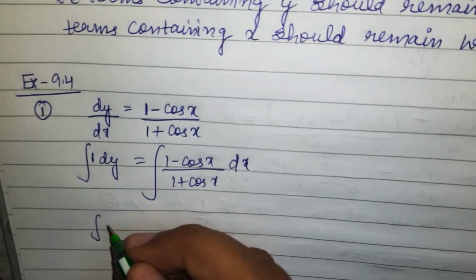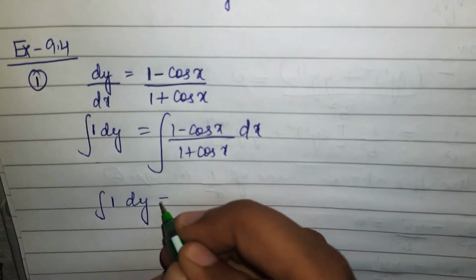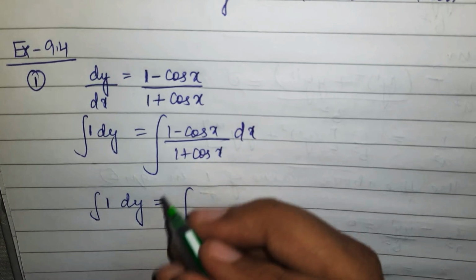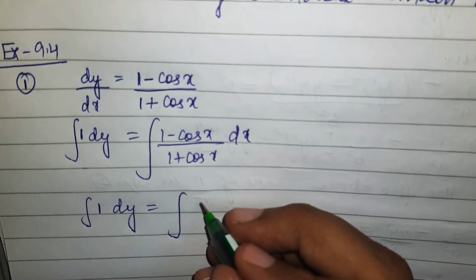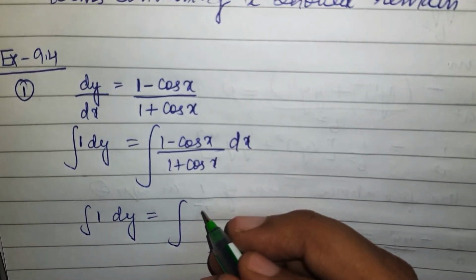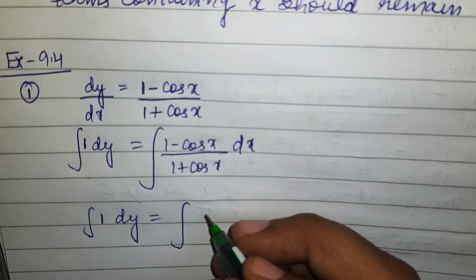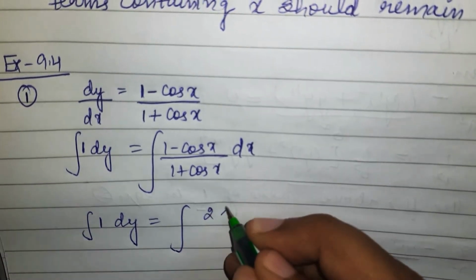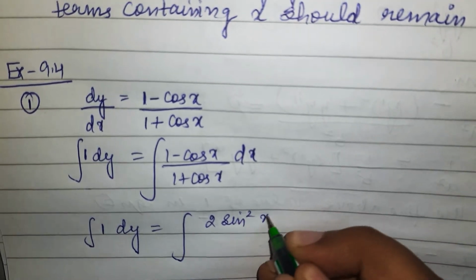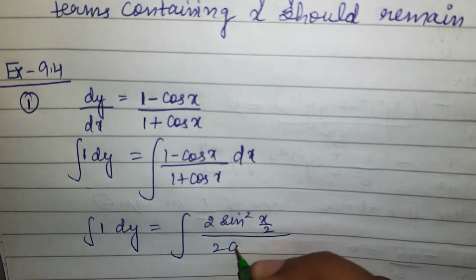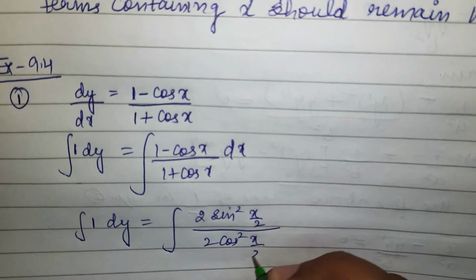Now this integration is possible, but look at 1 minus cos 2 theta. What is it? 1 minus cos 2 theta is 2 sin square theta. So we get 2 sin square x by 2 upon 2 cos square x by 2 dx.